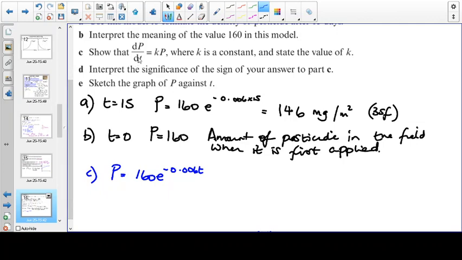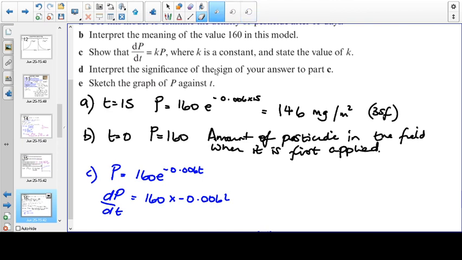So it's saying to do something with dp by dt. So if I do dp by dt, it's going to be 160 times negative 0.006, not the t, 0.006, e to the negative 0.006t.